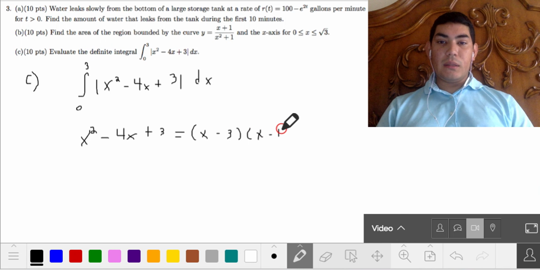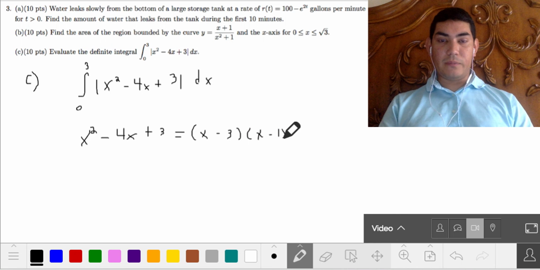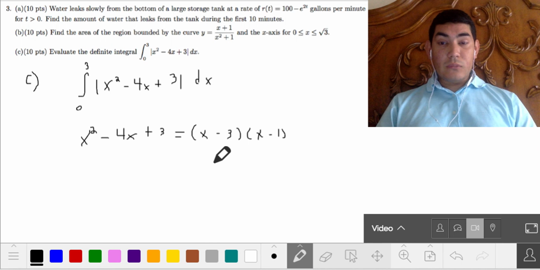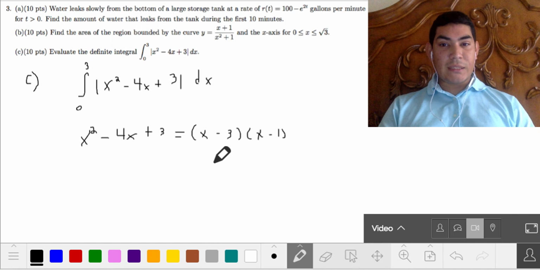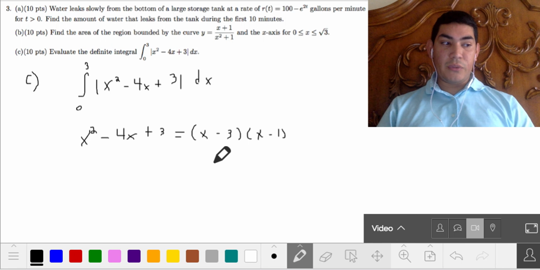And that will be the same as x squared minus 4x plus 3. So here we know this function is going to cross the x-axis at 3 and at 1. So we can separate this function into two parts.